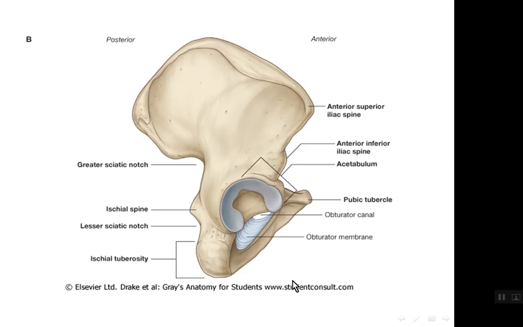The reason for naming like this, with 3 portions with different names for one bone, refers to the embryologic stage, in which we had 3 centers of ossification for the hip bone.